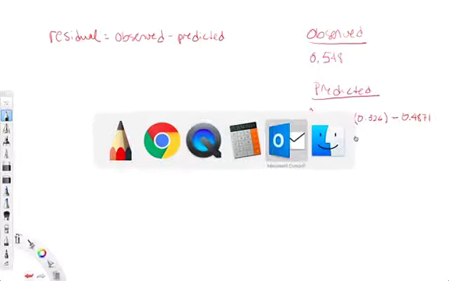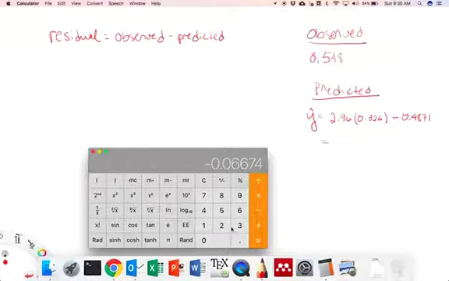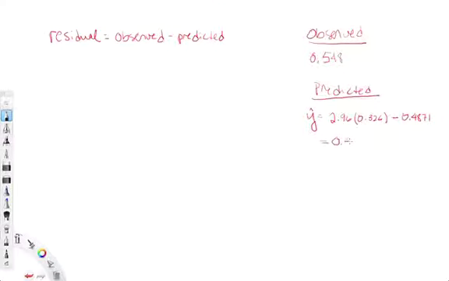Now I will whip out my handy-dandy calculator. 2.96 times 0.326 equals that, minus 0.4871 equals 0.47786.